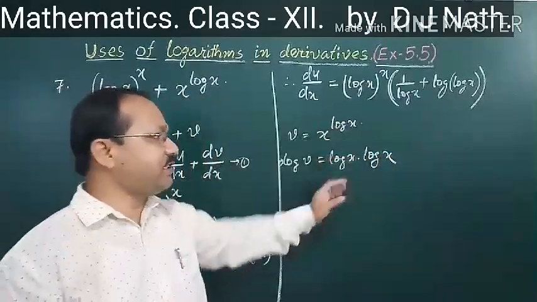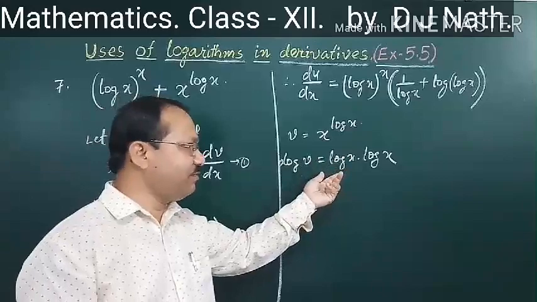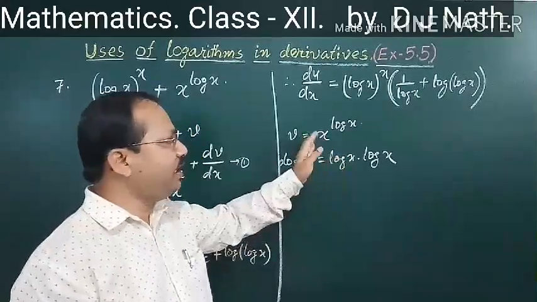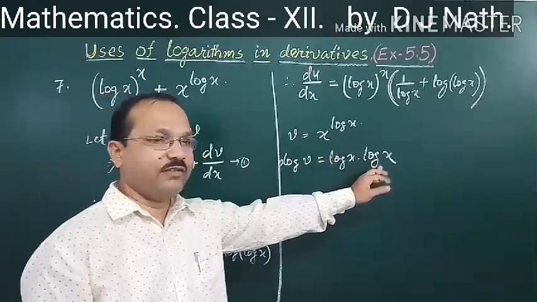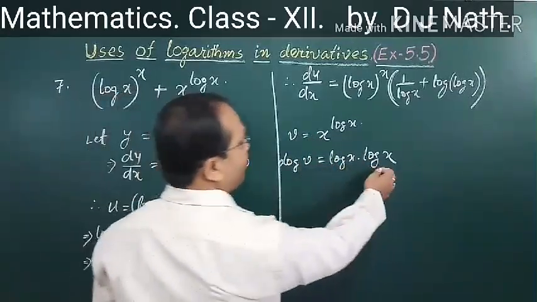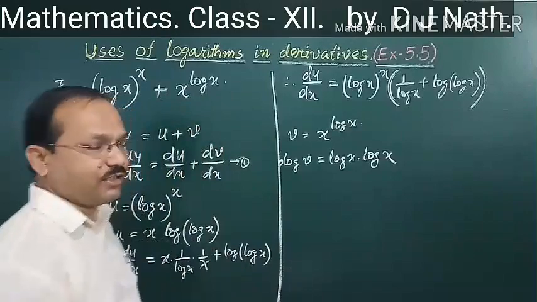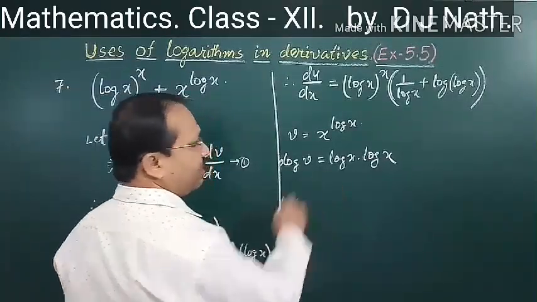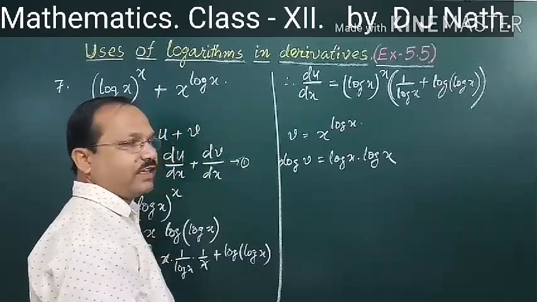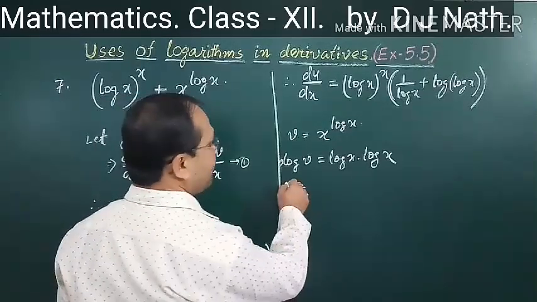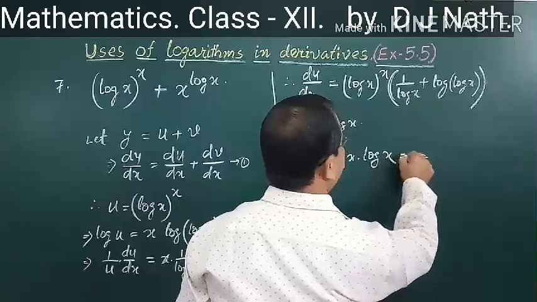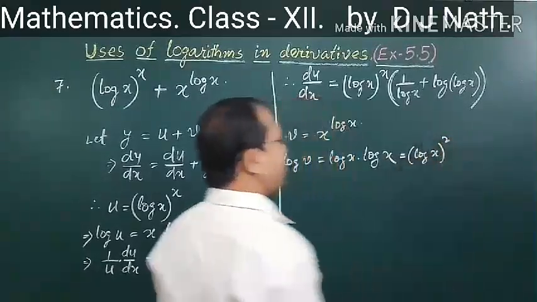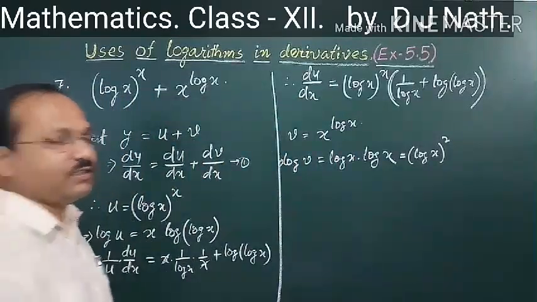Because the log x that was in the power has come down as a product, and then log of x. So log x into log x, which can also be written as (log x) whole square. So now you can do the differentiation, and directly differentiating (log x) whole square will be easier.